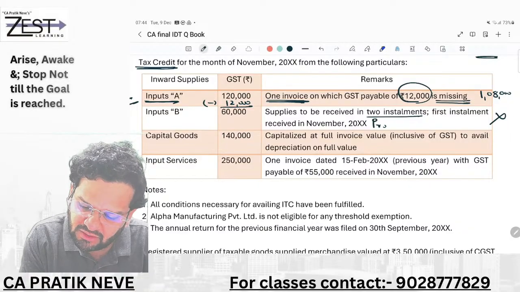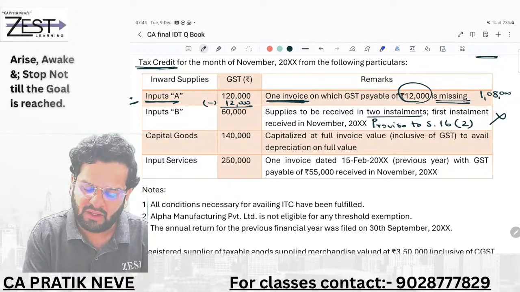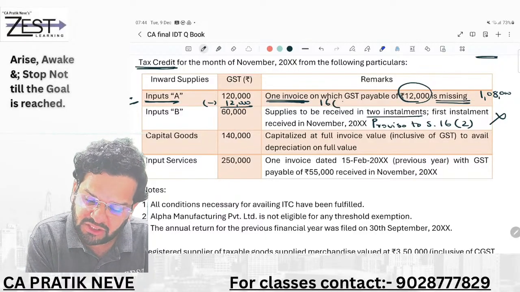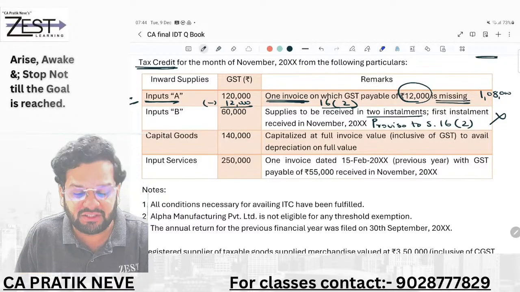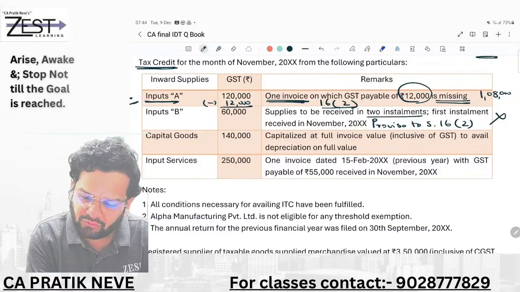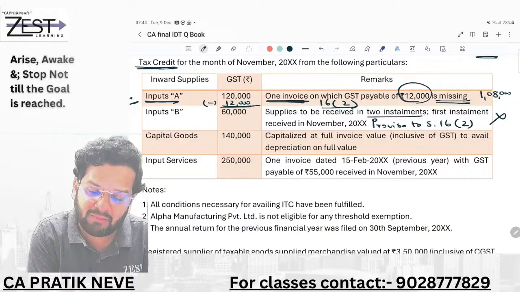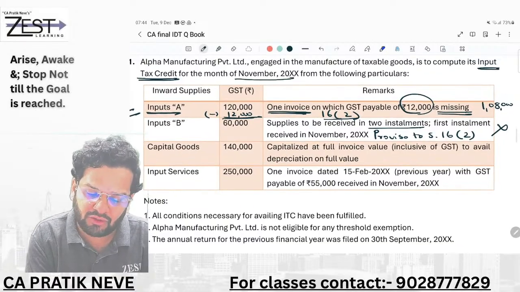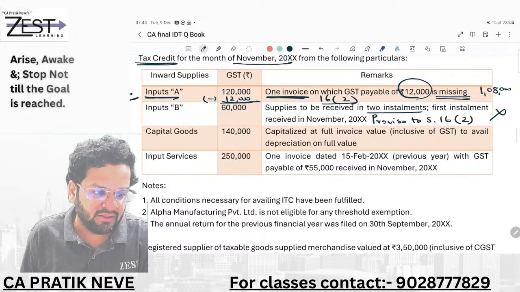This is given in the proviso to section 16(2). And he should be in possession of an invoice was the first condition of section 16. That's why of this 12,000 you couldn't claim ITC, and you cannot claim at all in the month of November for this 60,000.